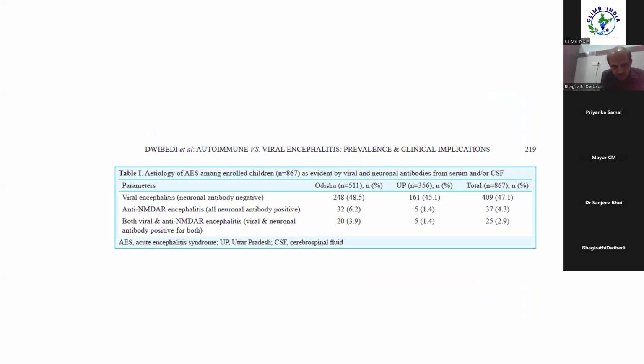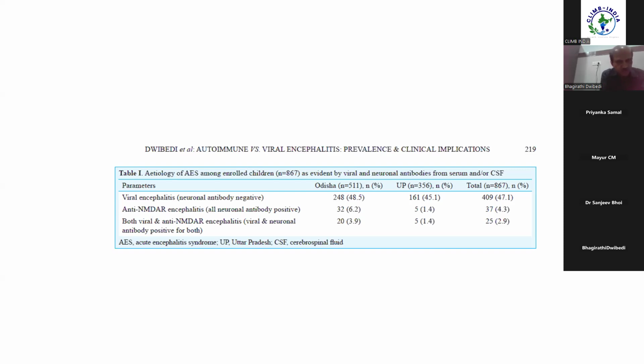Next one. Here is a combined summary table, where we can get both positives. That means a viral cause as well as an autoimmune or autoantibody presence can be possible in these cases. So we presume that a simultaneous viral infection or viral encephalitis can induce some degree of autoantibody response also. I mean to say that it can be a cause for either exacerbation or a potentiator for autoimmune encephalitis.